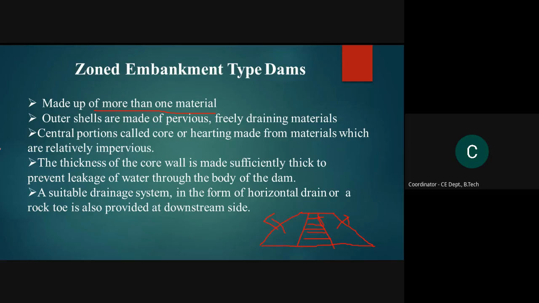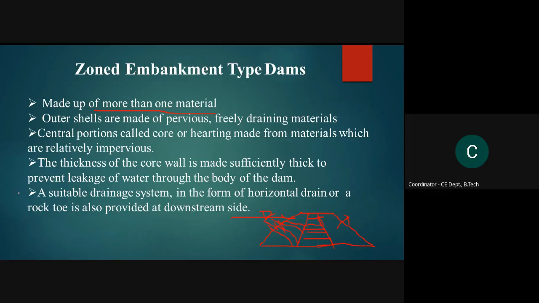The thickness of the core wall is made sufficiently thick to prevent the leakage of water through the body of the dam. So this part is constructed to be wider in order to obstruct this seepage flow. Say this is the water table. The seepage flow can be obstructed by this central core.